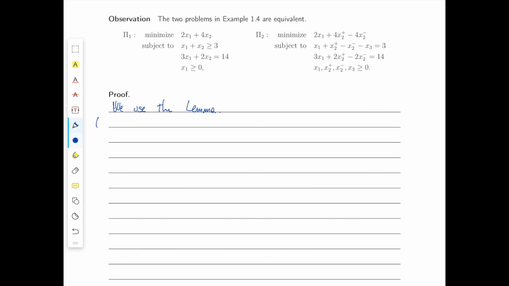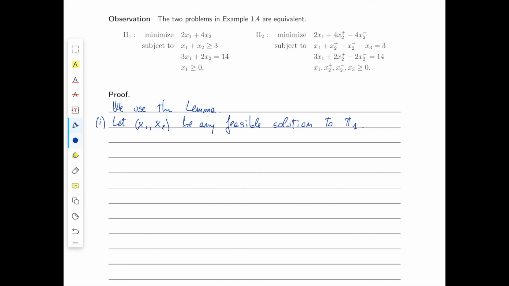And let's prove first part I. So let x1, x2 be any, let's say, feasible solution to pi1. And now we want to define the feasible solution to pi2.